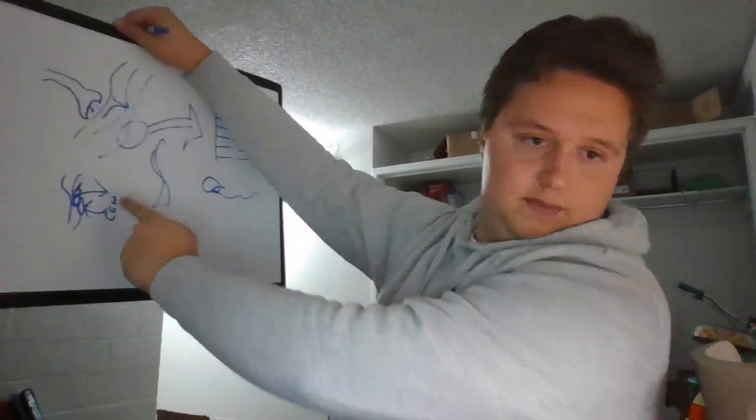This is when the myosin head will come and attach to actin, and it forms a cross bridge, which uses energy from ATP, and the myosin head pivots and pulls the actin toward the M line, and that shortens the sarcomere. That's what contraction is.